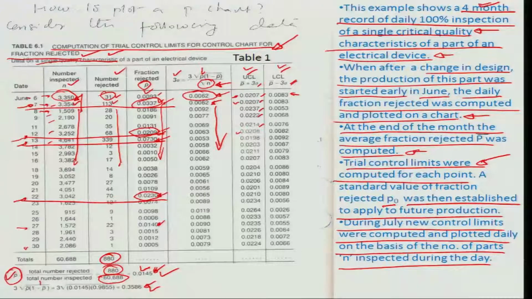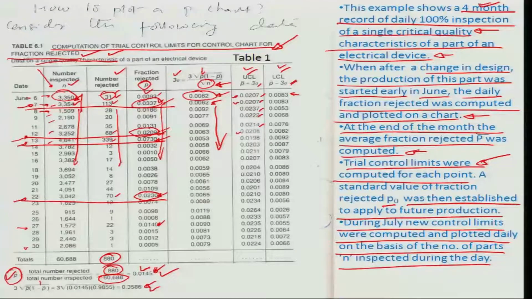So, you take out 70 items, 339 items, 68 items and 31 items from the number rejected, and similarly you also take them out from the number inspected, like 3350, 3354 items on 7th, 3252 items on 12th, 4641 items inspected on 13th.